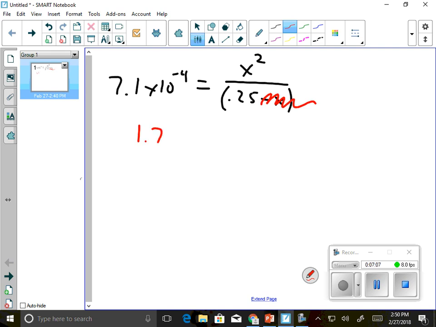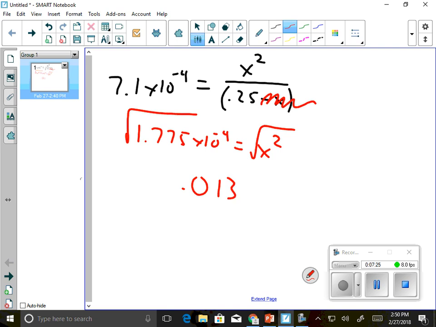That gets me 1.775 times 10 to the negative fourth equals x squared. And if I take the square root of both sides from here, I get 0.0133, which to 2 sig digs is 0.013, the exact same answer I had before.